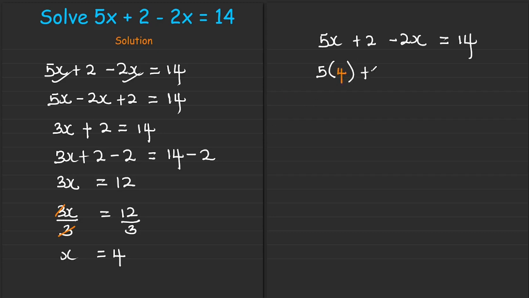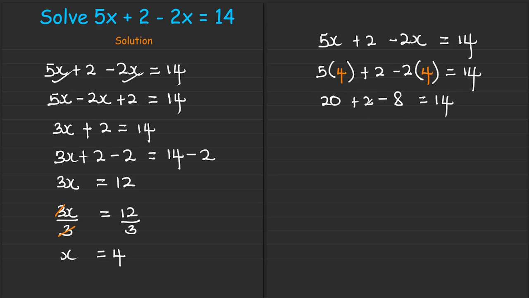Then plus 2, negative 2 into bracket the x again, which is what? 4. Now we simplify and see if we will really get 14. So we have 5 times 4, which gives us a 20. Then plus 2, then 2 times 4 gives us a negative 8.